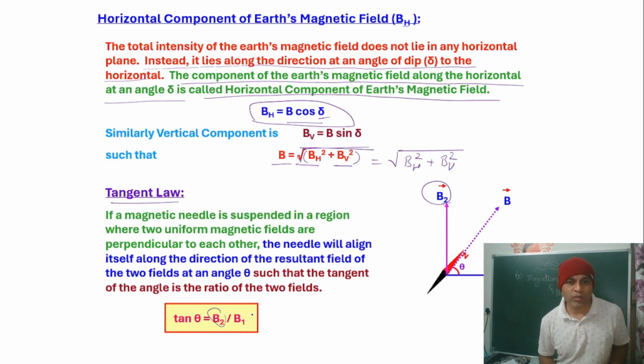B2 is also a magnetic field, and B1 is also a magnetic field. Both are perpendicular to each other and uniform, but they have different intensities.